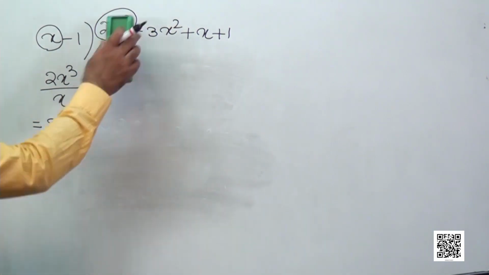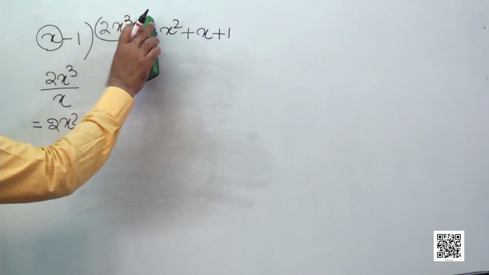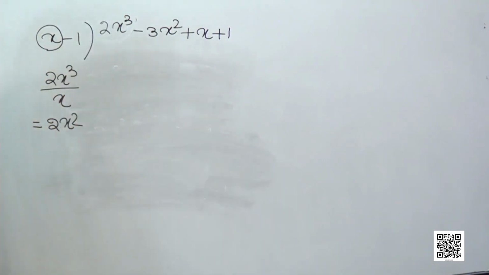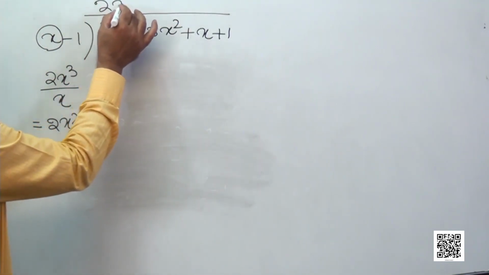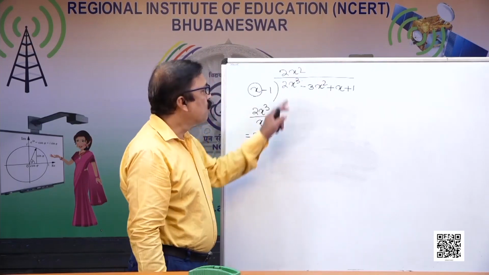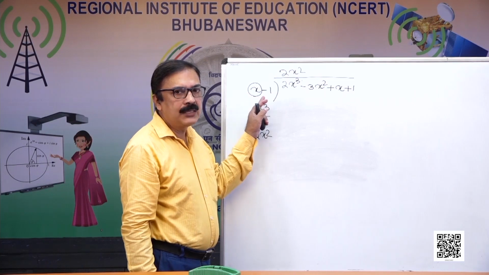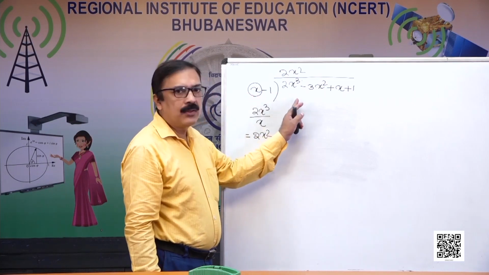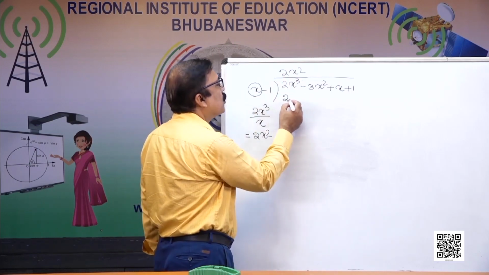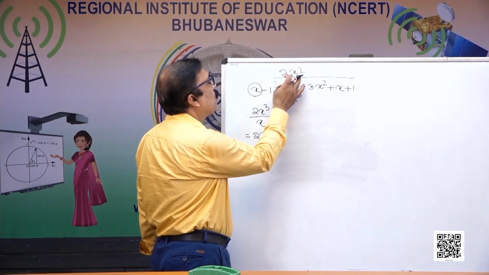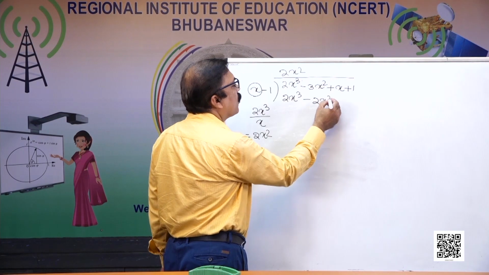So the first term of the quotient will be 2x square. Now this 2x square is to be multiplied with each term of the divisor and written below the dividend. So 2x square into x gives 2x cube, and 2x square into minus 1 gives minus 2x square.